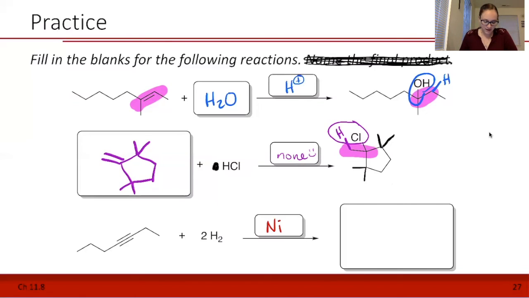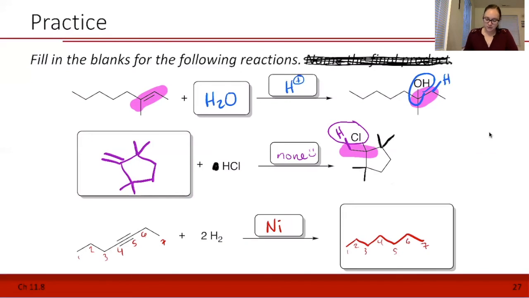Okay. And let's see what our product's going to be. So when we do a hydrogenation reaction, we should count our carbons. 1, 2, 3, 4, 5, 6, 7. 7 carbons long. We completely remove our multiple bonds. So I'm going to just draw a 7 carbon chain. 1, 2, 3, 4, 5, 6, 7.